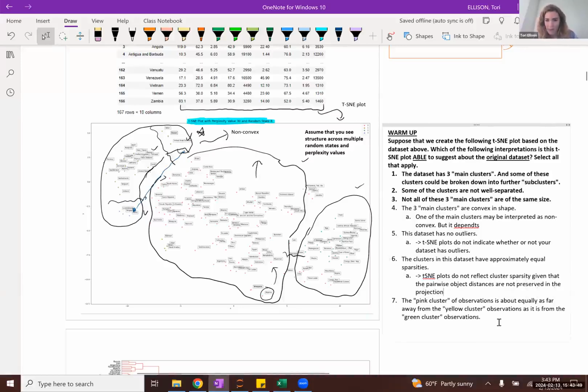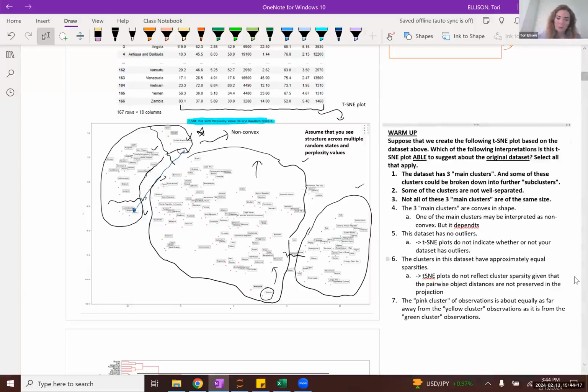Okay. And the final misinterpretation that we might make is that, for instance, this pink cluster is about as equally far away from the yellow cluster as it is from this green cluster here. In the TSNE plot, for the most part, this yellow cluster looks about the same distance away from the pink cluster as the green cluster does.